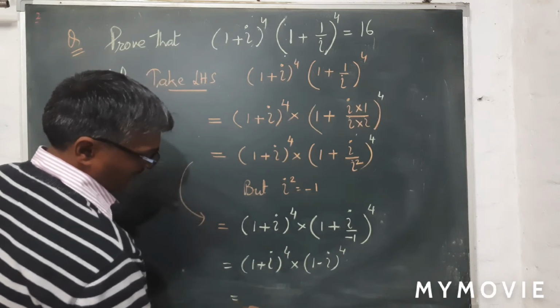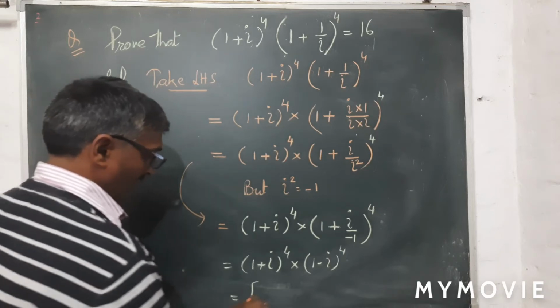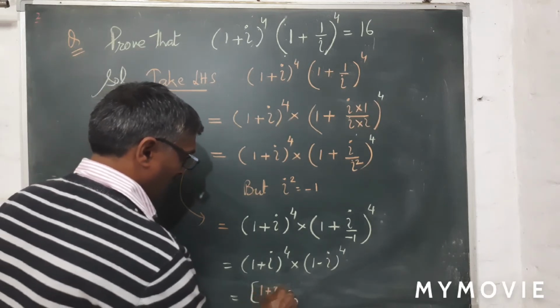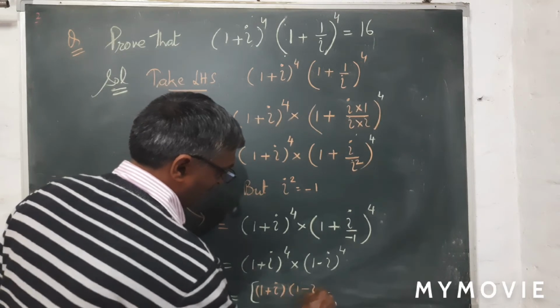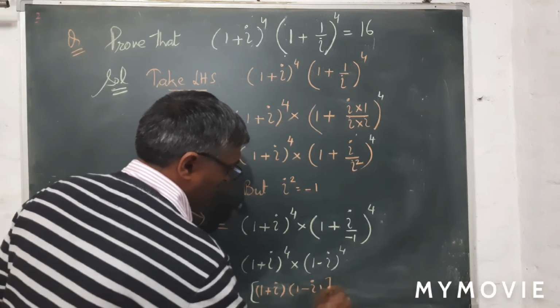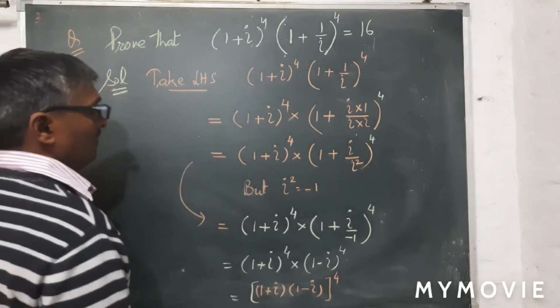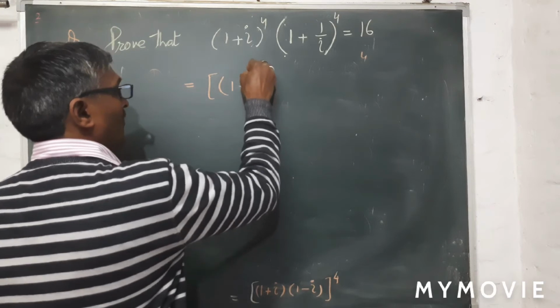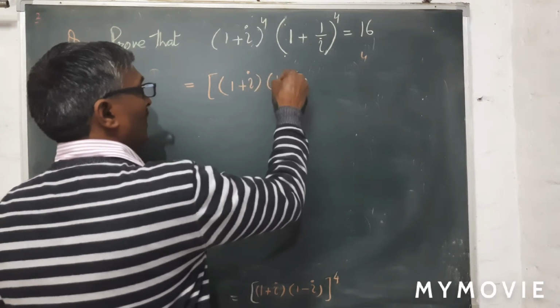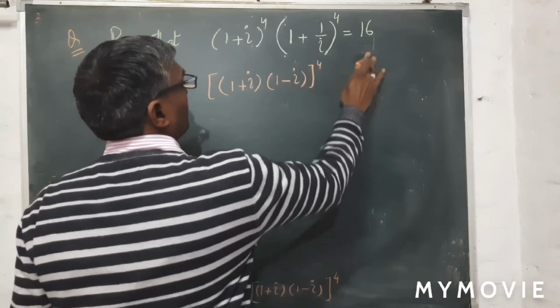So 1 plus iota to power 4 can be written like this: 1 plus iota into 1 minus iota, whole power 4.